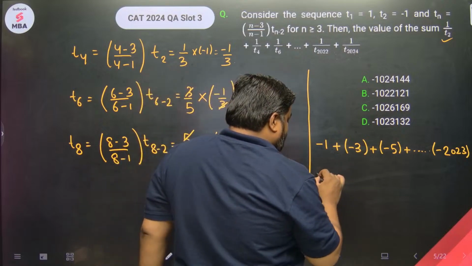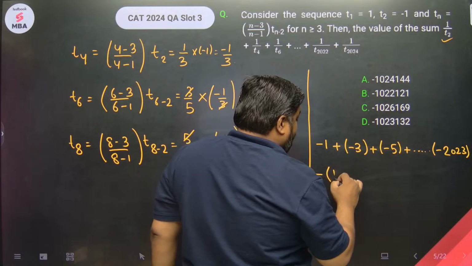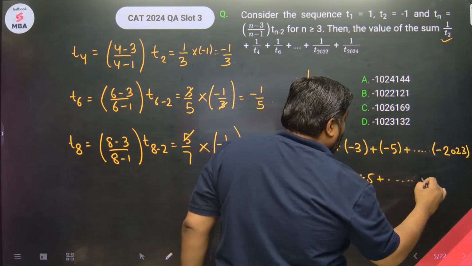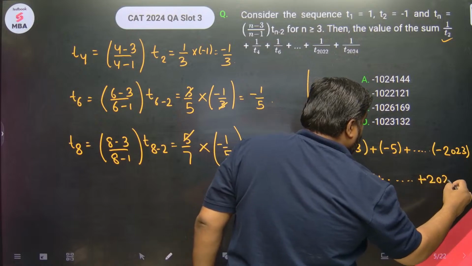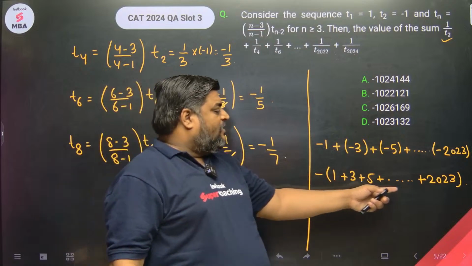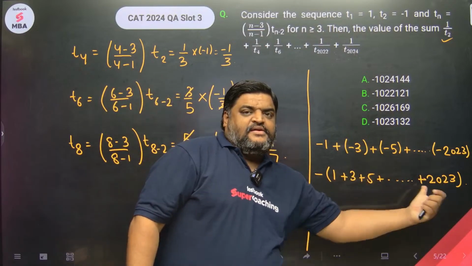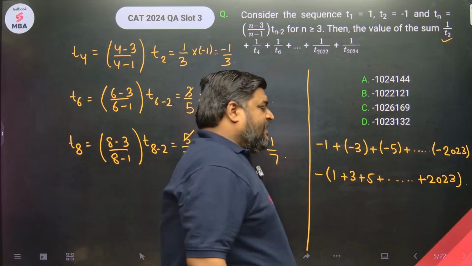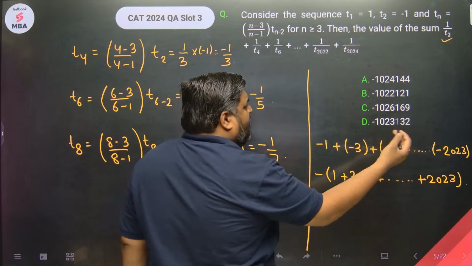So if we take minus common, what do I have? 1 plus 3 plus 5 all the way till 2023. Sum of n odd numbers. ये कितने terms है? How many terms are these? Okay, so what is the sum of first n odd numbers?